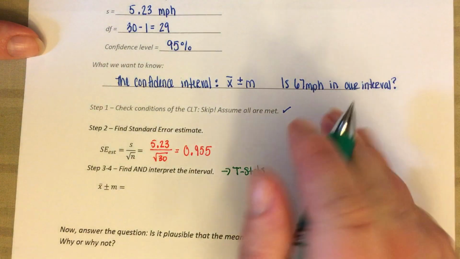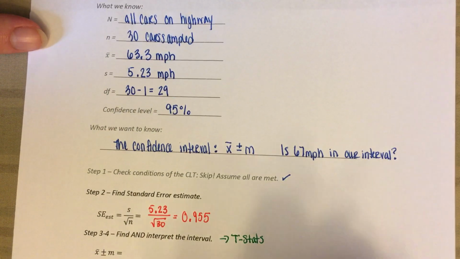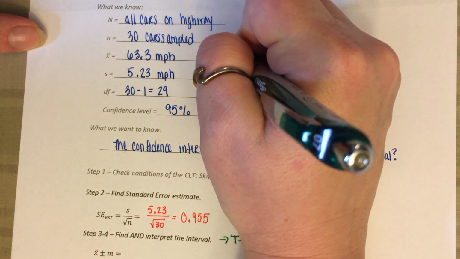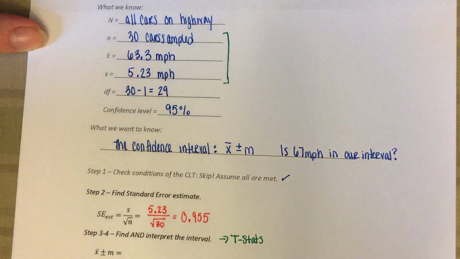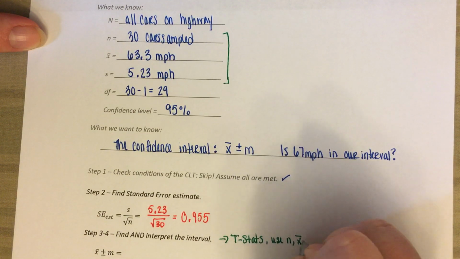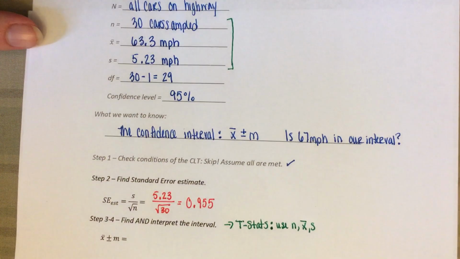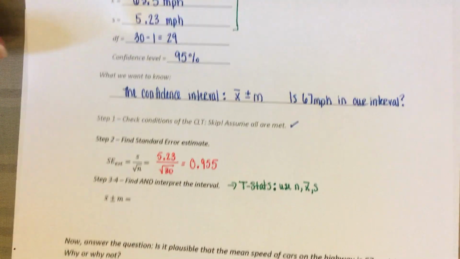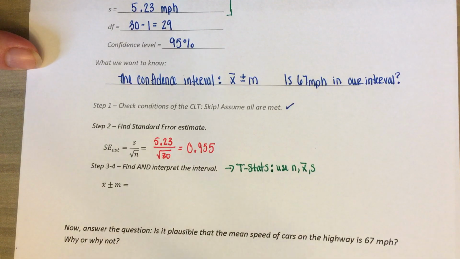Looking back up at our problem, we are going to enter our N, our X bar, and our S. We make sure we select the appropriate confidence level, so in this case, a 95% confidence level.